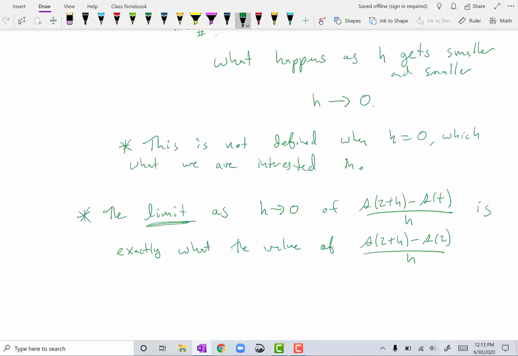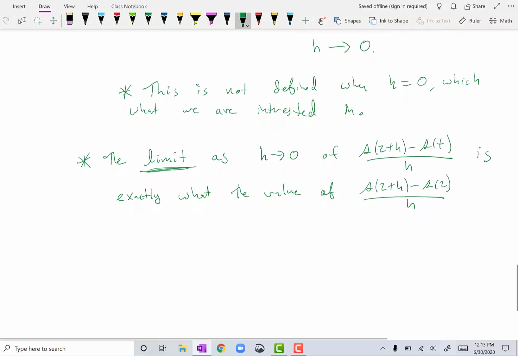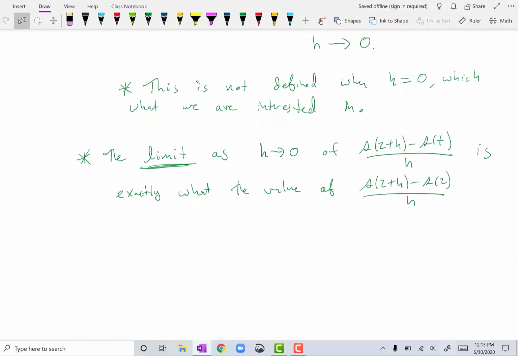So we're going to talk about this idea of a limit, and what that's going to tell us is the limit as h goes to 0 of this fraction, and what that ends up being is exactly what the value of this thing should be, in some sense, when h equals 0. So somehow this formula contains enough information to tell us what the value should be at 0, and that's what the limit will tell us.